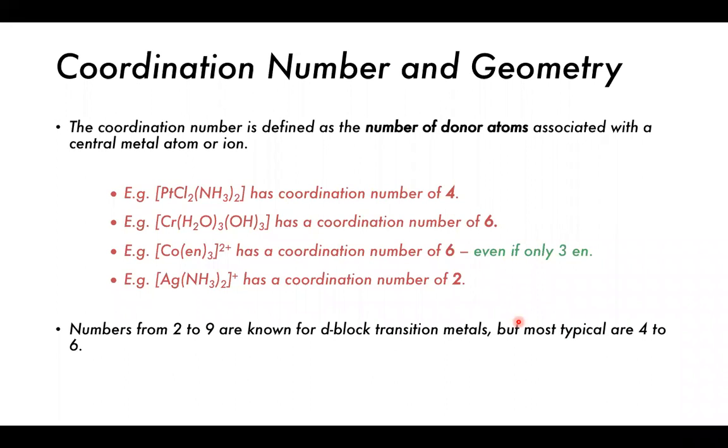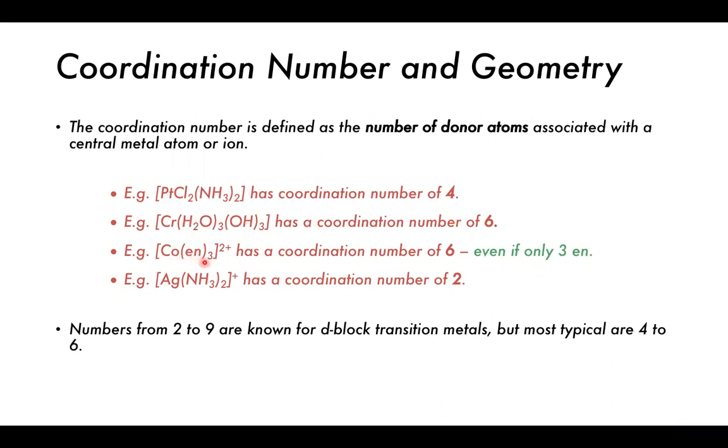So the coordination number is defined as the number of donor atoms associated with the central metal atom or ion. Here we have a platinum complex with 1, 2, 3, 4 ligands. That's a coordination number of 4. Chromium here has 6 ligands, 3 hydroxides, 3 water, so it's a coordination number of 6.